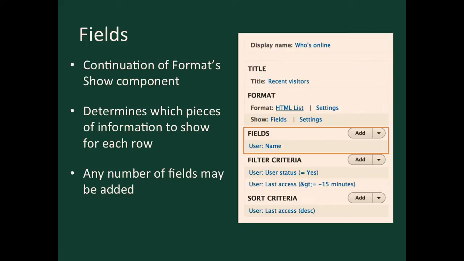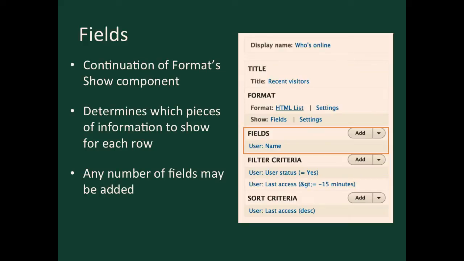The user interface for this is just complex enough that it merits being pulled out into its own category of things. But fields, this configuration determines which pieces of information you want to show for each row. So for the Who's Online or Recent Visitors block, the only field that's being shown is the username field. But I could, in fact, add any number of fields that I wanted to this interface.